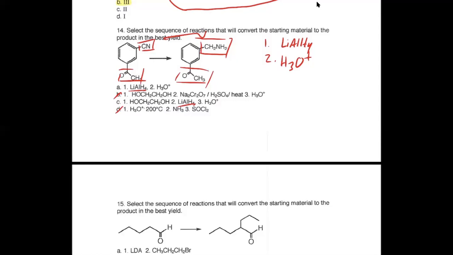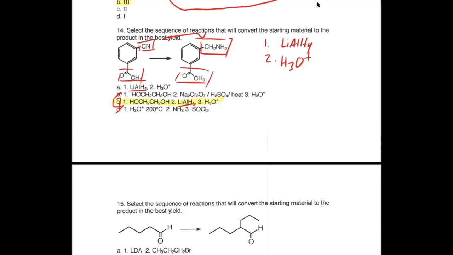So we're going to want to reduce it. Now our options: are we going to want to pick between A or C? C, because we need to protect the ketone. Yes, perfect. We have this diethylene glycol, and that's going to protect our ketone, so that when we hit it with the lithium aluminum hydride, we're not going to also reduce the ketone, because what would the ketone be reduced to?